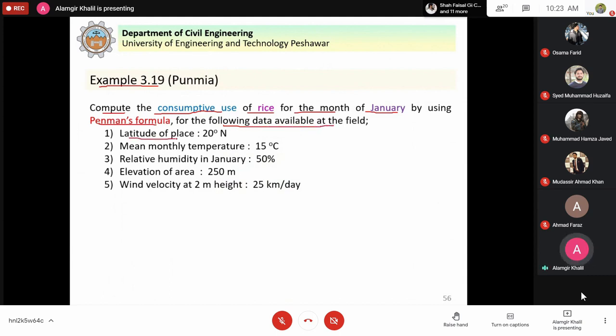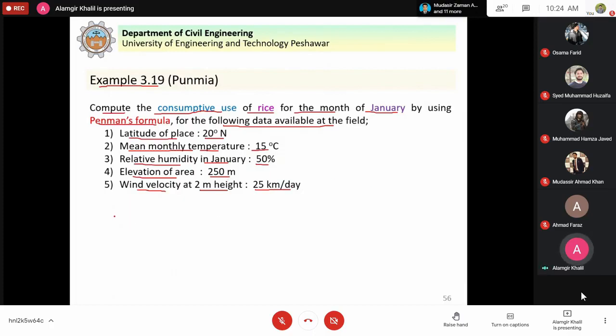The latitude of the place is 20 degrees north, northern hemisphere. We have mean monthly temperature of 15 degrees centigrade or Celsius, relative humidity in January for that place of 50%, elevation of the area 250 meters, and wind velocity at 2 meter height measured as 25 kilometers per day.